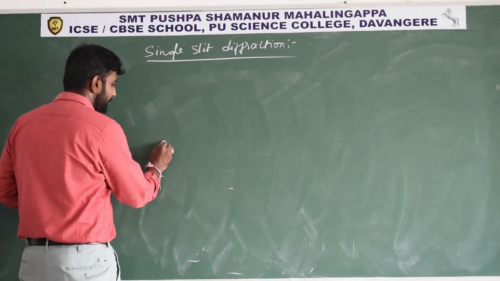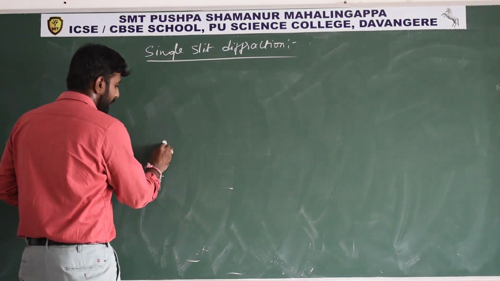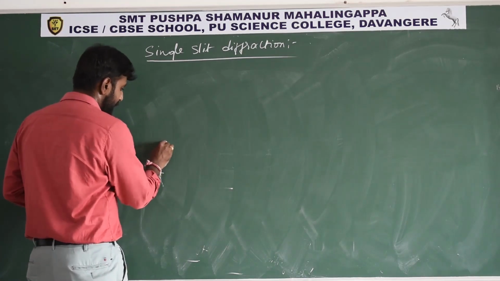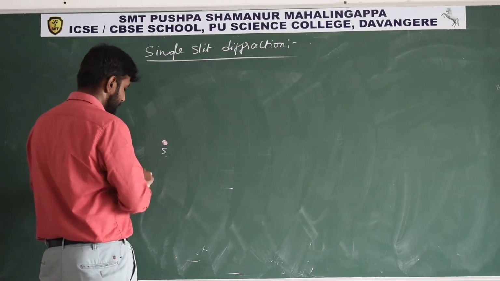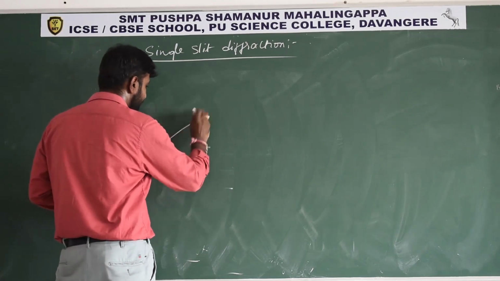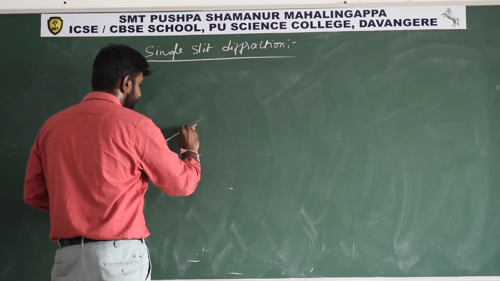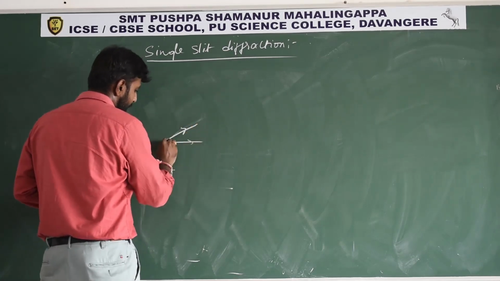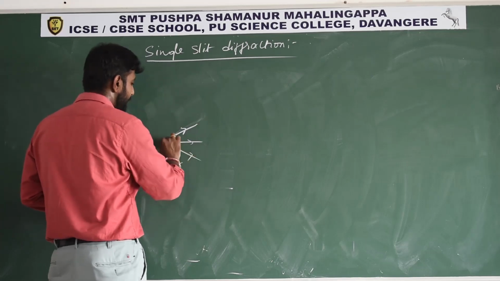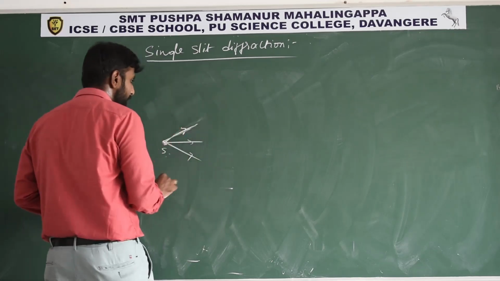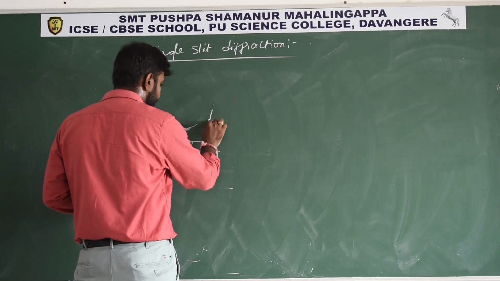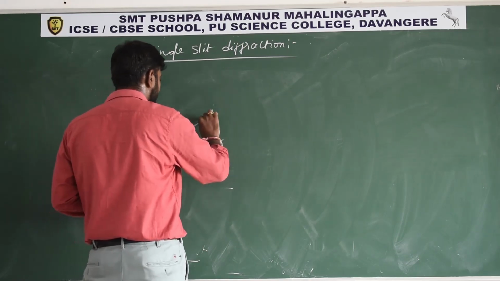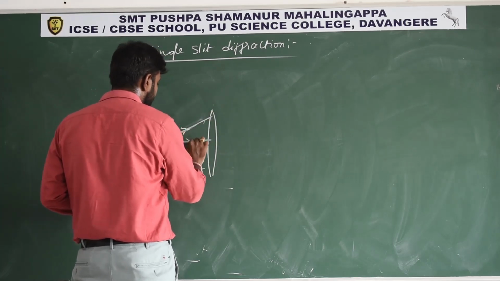Let us consider a source of light. This is the source of light, and from this source of light a diverging beam of light rays will emit, and these diverging beam of light rays will be incident on this convex lens.